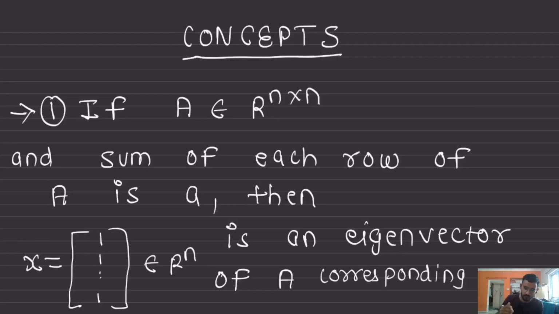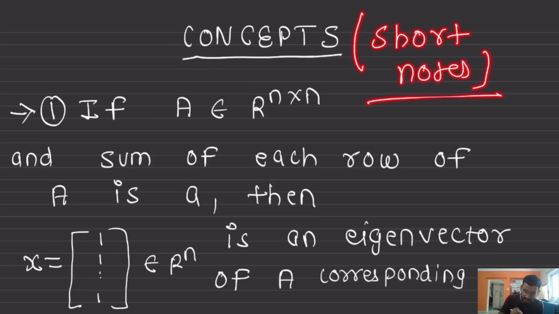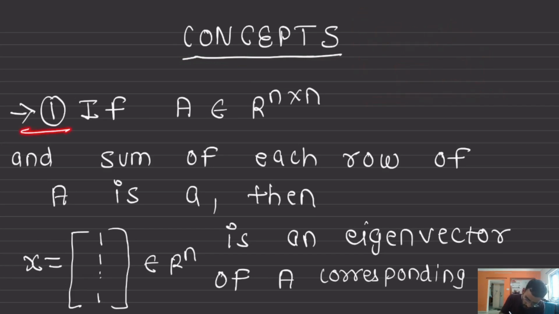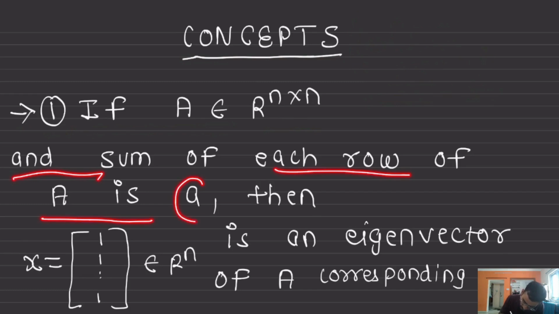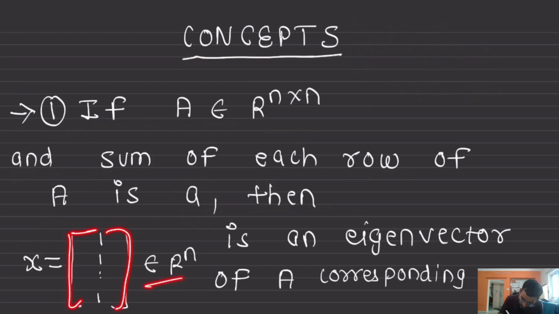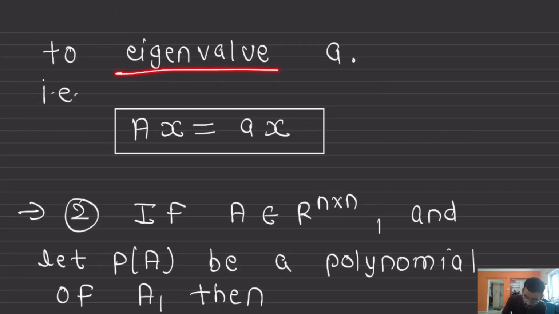Now we'll see the core concepts that are involved in the previous question. You can add these points in your short notes. First one: if A is an n cross n matrix, and the sum of each row of A is small a, then the vector consisting of all ones, of dimension n, is an eigenvector of A corresponding to the eigenvalue small a.